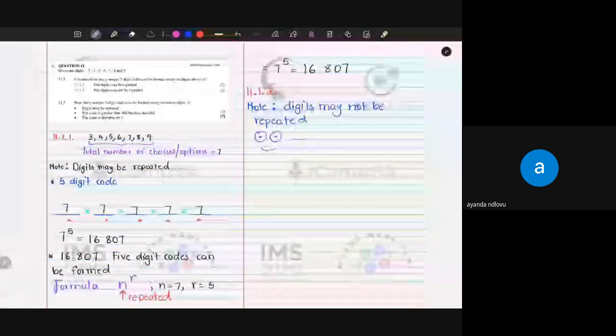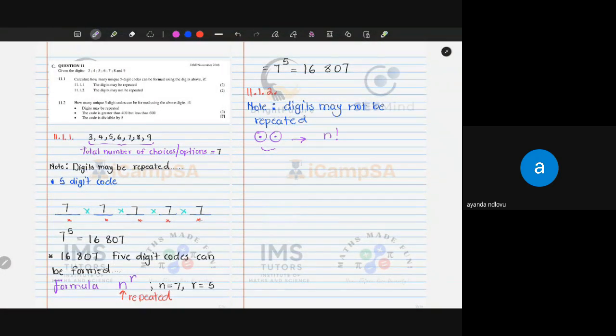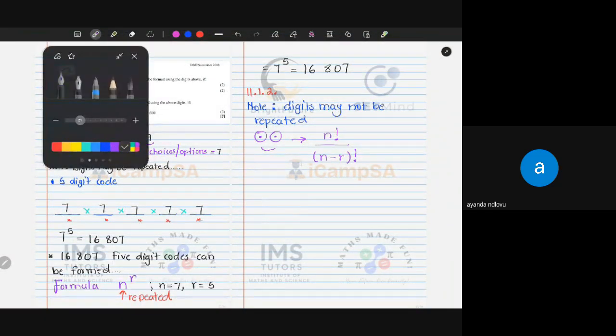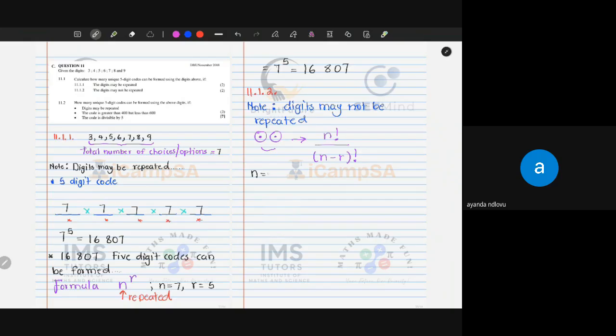I remember that there's a formula that is n factorial divided by n minus r factorial. And I've established previously that n is 7 and r is 5. So it means my answer will be 7 factorial divided by 7 minus 5 factorial.